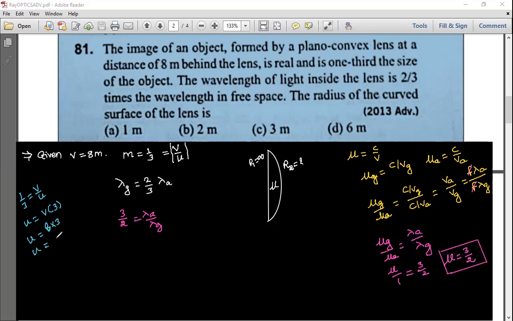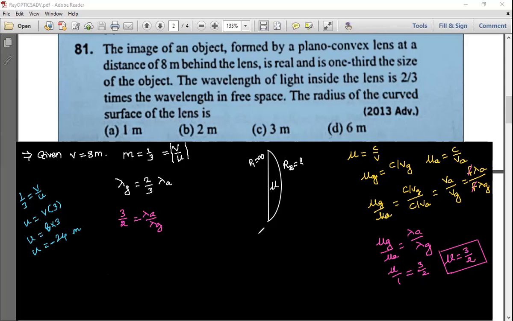So U is equal to 24, but this should be minus. 24 meter or centimeter? Meter only, since they have given meter, so let it be in meter only. Minus 24, because U should be negative here.